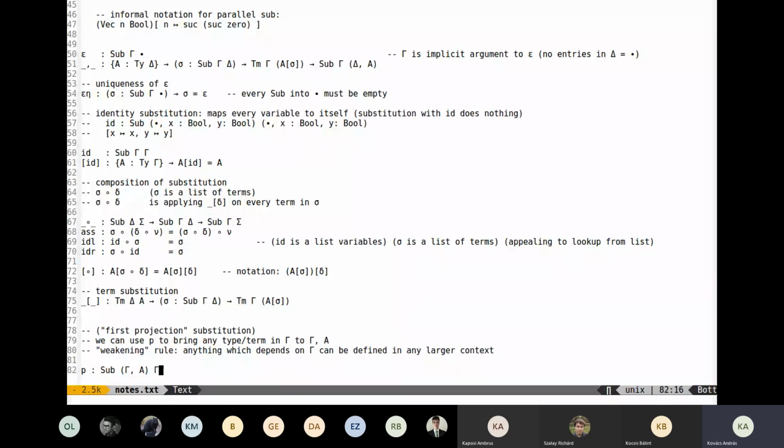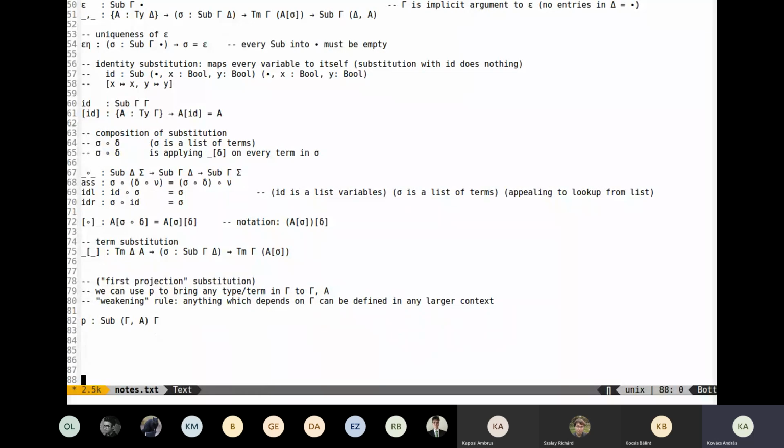And now we have this first projection substitution, and we can also see why this is called first projection. The reason it's called first projection is because we can use P to take kind of the first component of an extended substitution. And there is actually a computation rule which expresses exactly this.